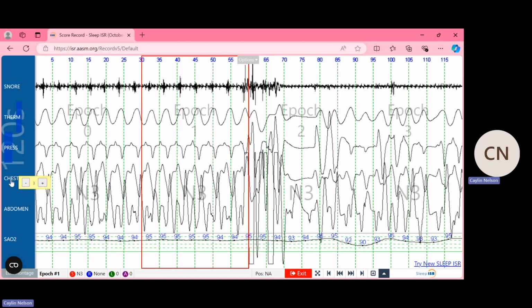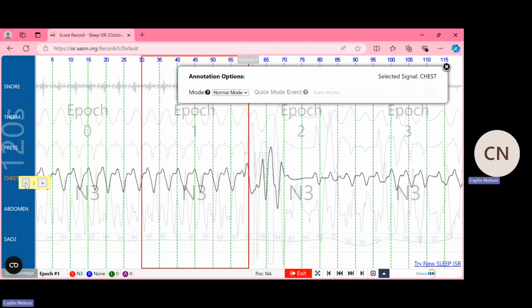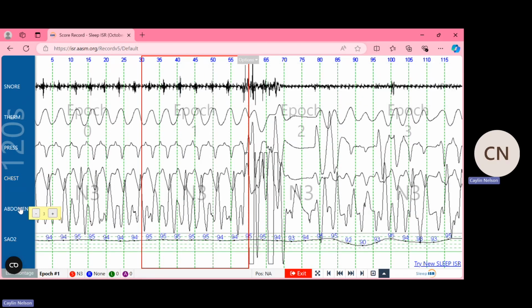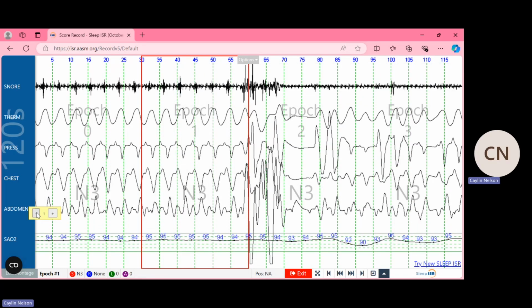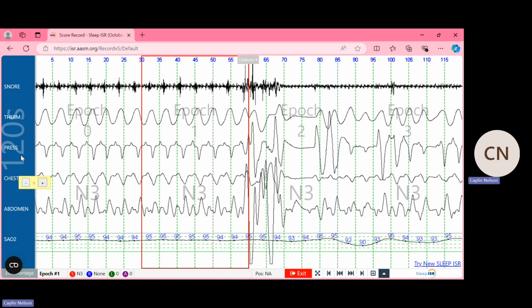Okay, so now I'm just evening out my channels here. On the left, when you hover over your channel, you can see a minus and a plus button. I'm just going to decrease mine so they're not all intercepting each other. That definitely looks a lot better.